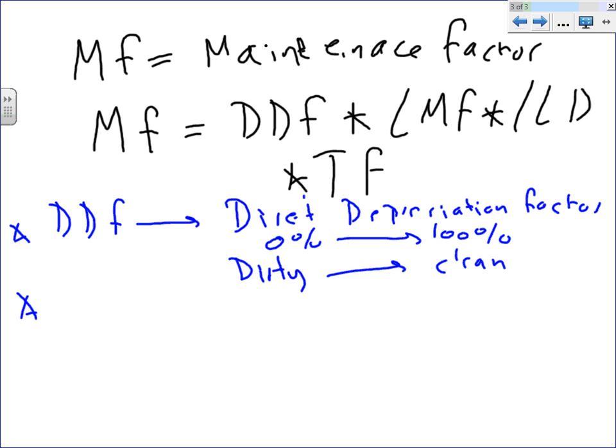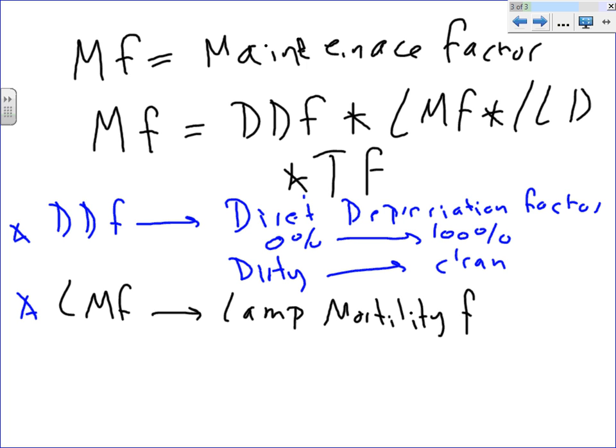The second factor, guys, any question about this? How often you clean it? LMF is lamp mortality factor. How long does the lamp last before it dies? Lamp mortality factor is also a function, Spencer, of relamping. Do you relamp more often? Every 2 years do you relamp the whole building?